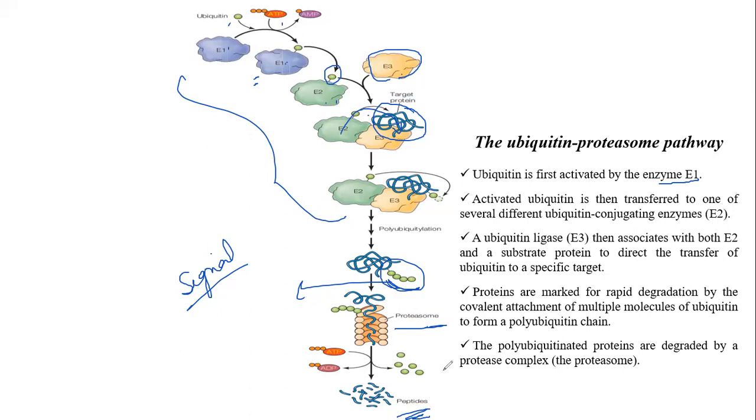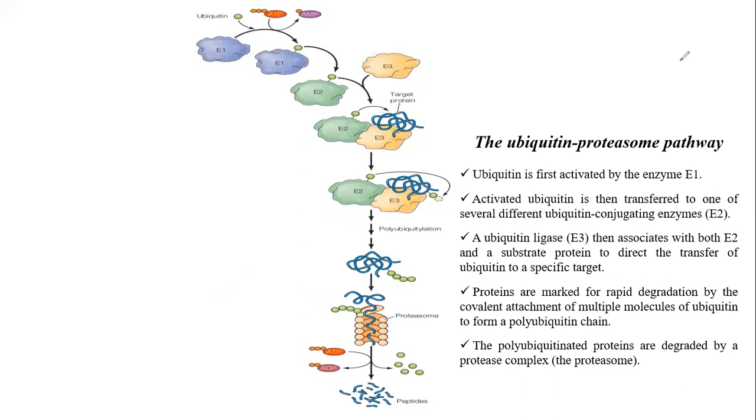Yes, ma'am. So first, the E1 gets activated with the help of ATP when ATP is converted into AMP. So when ATP is converted to AMP, E1 gets the ubiquitin with it, and then it passes on to the E2. E3 is nothing but a ligase. So E3 binds with the target protein.